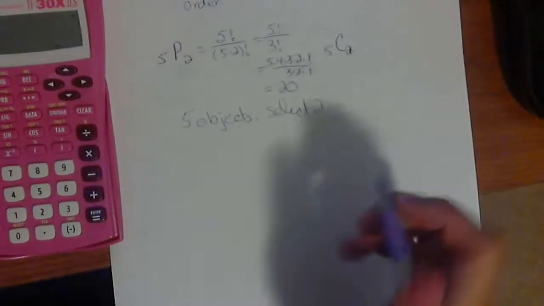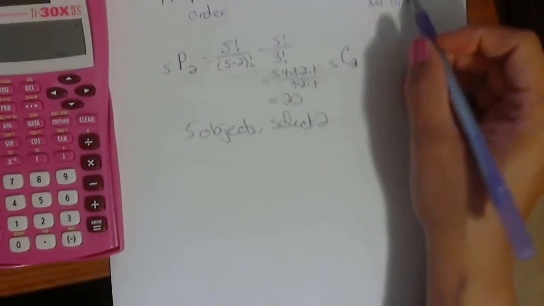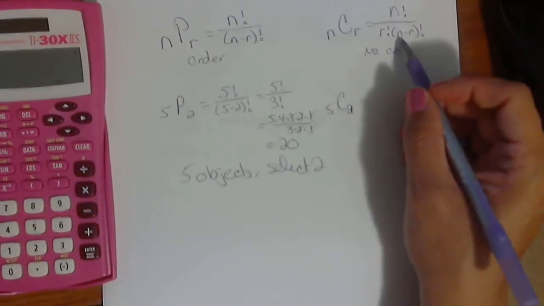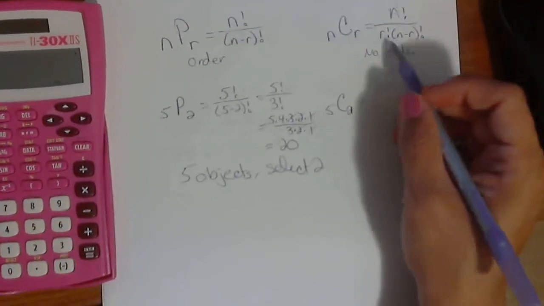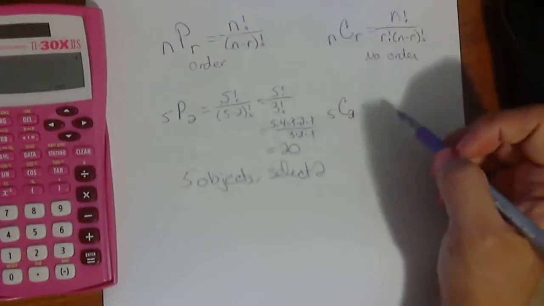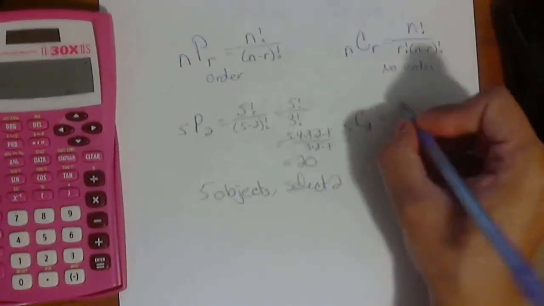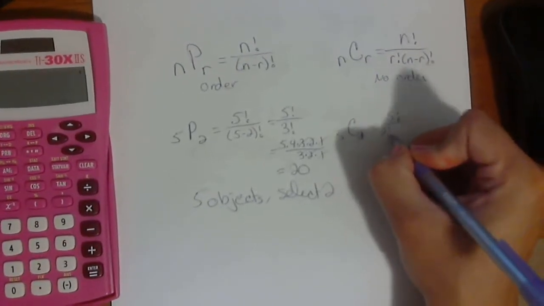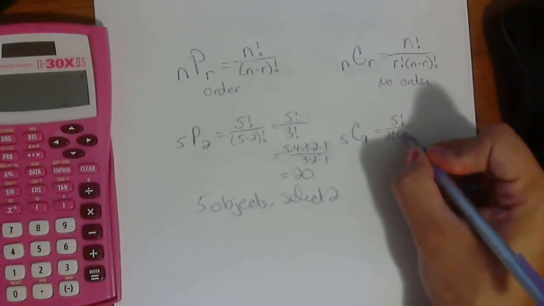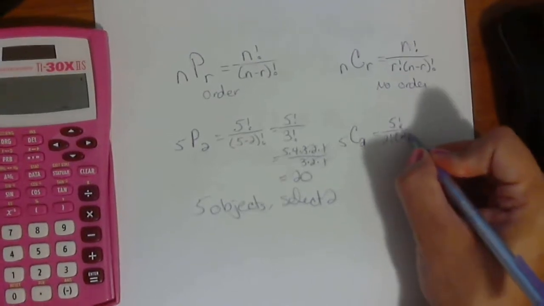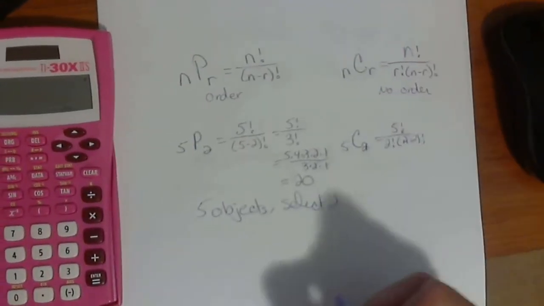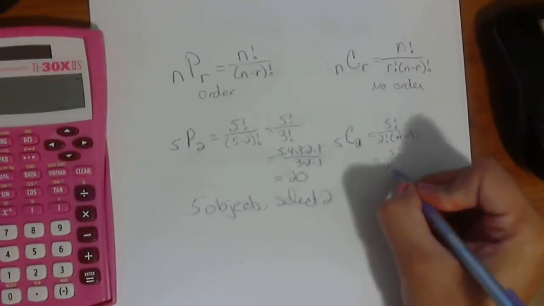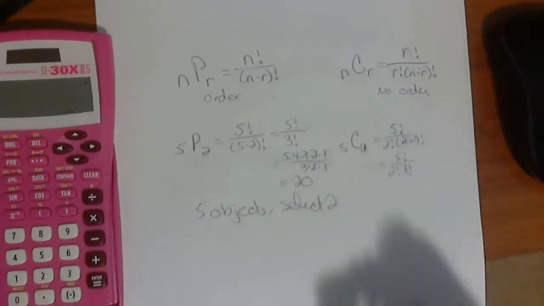Okay, so for combinations, the formula is n factorial over r factorial times n minus r factorial. It's got an additional r factorial in the denominator. So this is going to be 5 factorial over 2 factorial times, let's see here, 5 minus 2 factorial. So that's going to be 5 factorial over 2 factorial, 3 factorial.